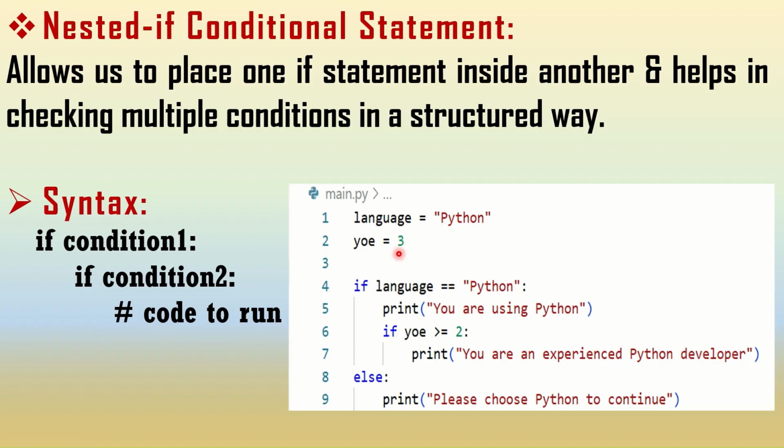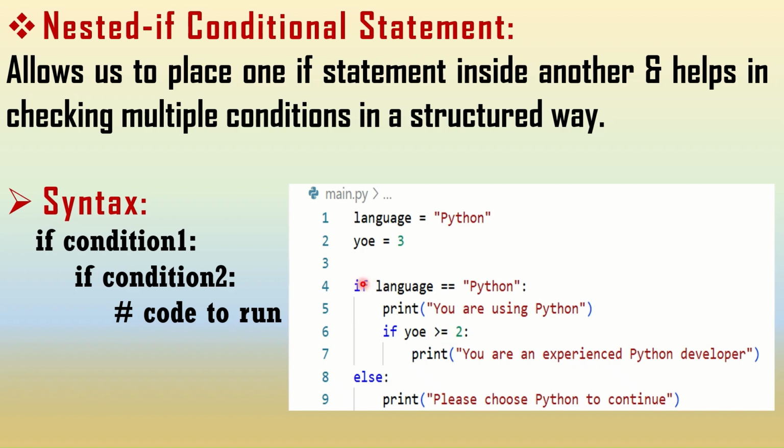So here, if you can see the example, I have declared the variable language and assigned the value Python to it. The other variable I have declared is YOE, which stands for years of experience in that Python language, and I have assigned the value 3 to it. The use case is: if the language equals Python, then only I want to check the years of experience in Python.